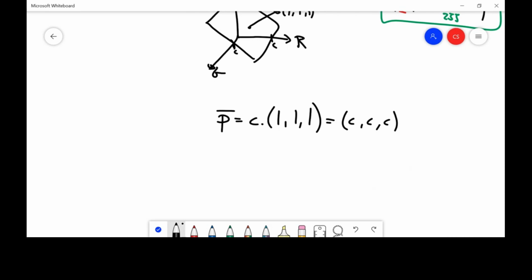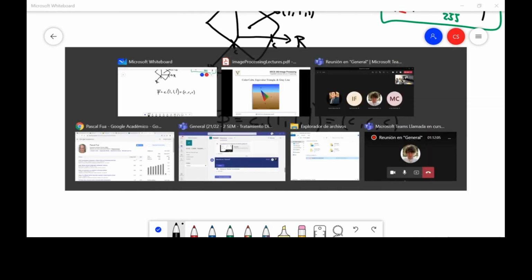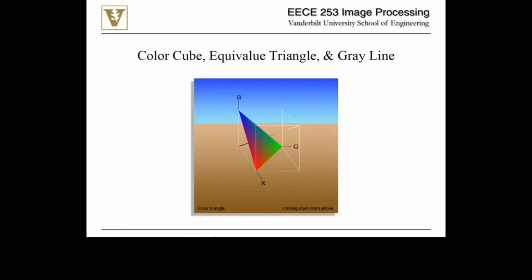So they go from 0, 0, 0, that is black, to 255, 255, 255, that is white. Then we have all the gray colors in between. So if we plot those colors in the color cube, they are this line. So all colors in the 111 line, they are these colors.